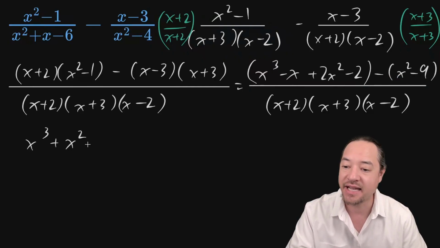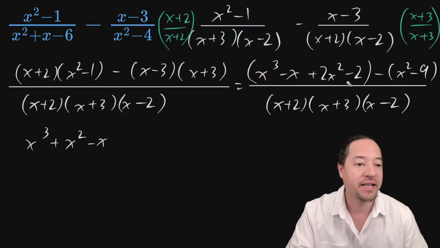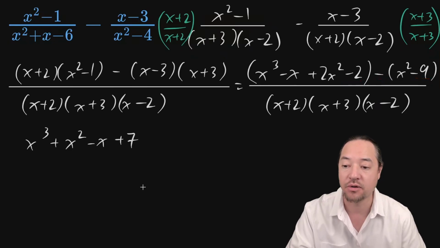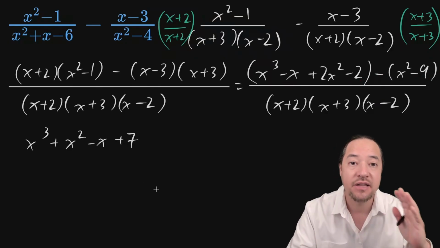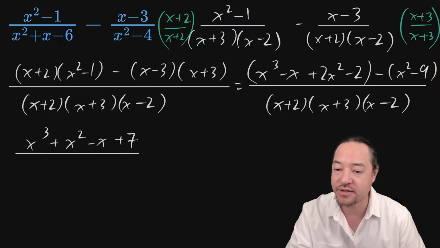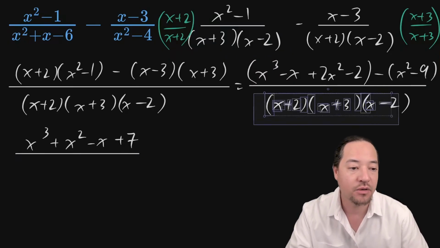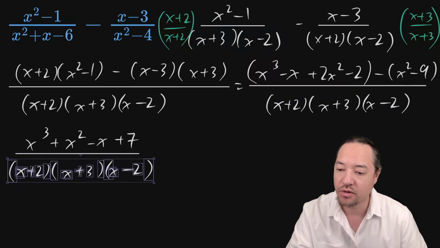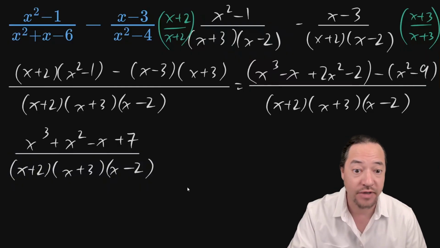Then I'll have a minus x. And then I'll have a minus 2, and here's a minus negative 9. So that's a plus 9. So negative 2 plus 9 should give me a plus 7. Okay, so that's how I've simplified the numerator by combining all of the like terms. And my denominator will just be this common denominator that we've already found.